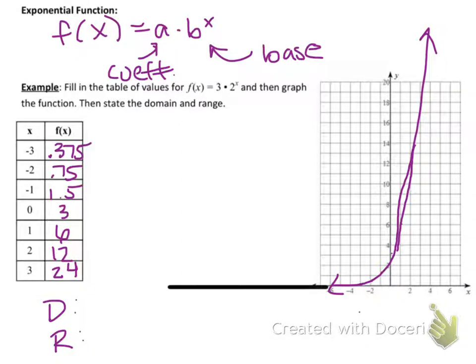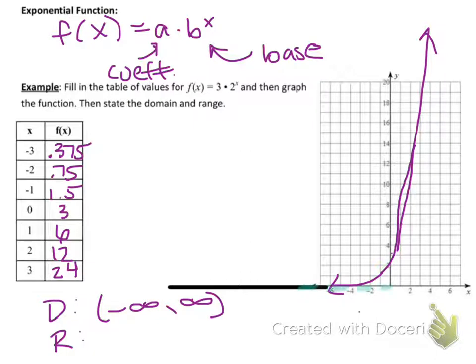So as far as the domain and range goes, domain will still go left to right. My domain is still going to be negative infinity to positive infinity, like it has been for most of the chapters. The range, however, we will see something new happening here. You're going to notice on the graph that it's leveling out at a horizontal value.